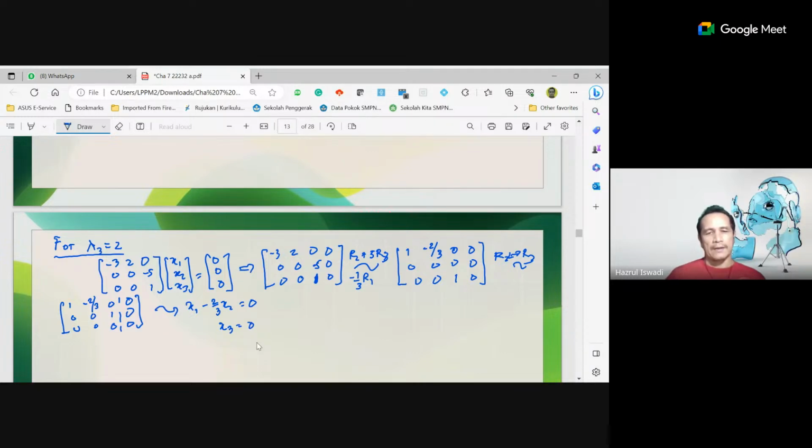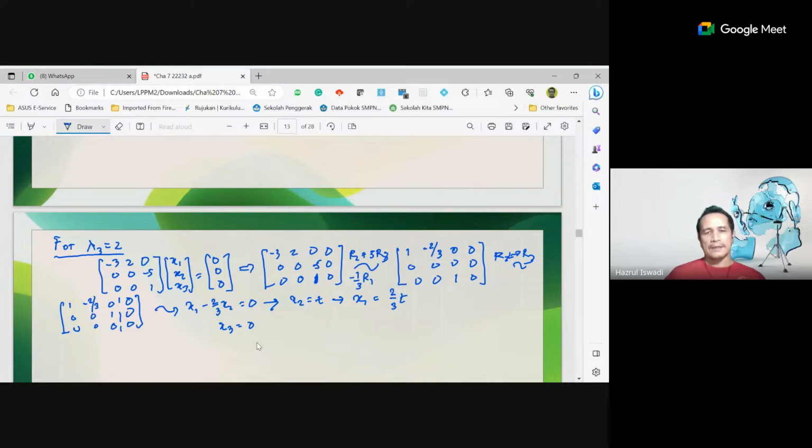From this first equation, we let x2 be t, so we have x1 is equal to 2 over 3 t.